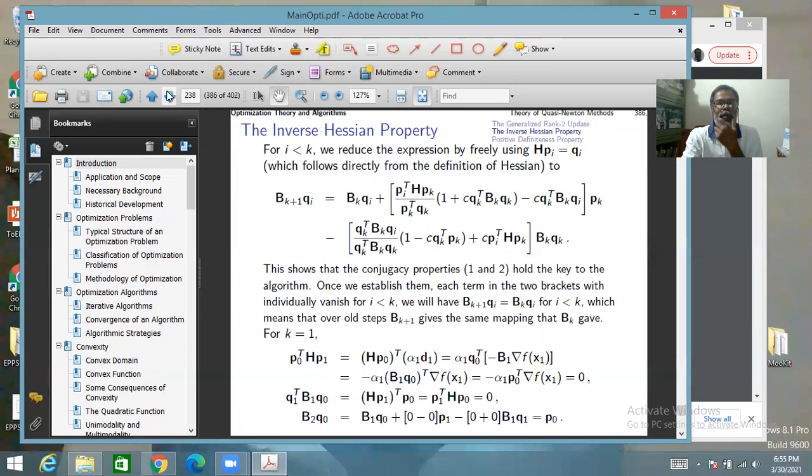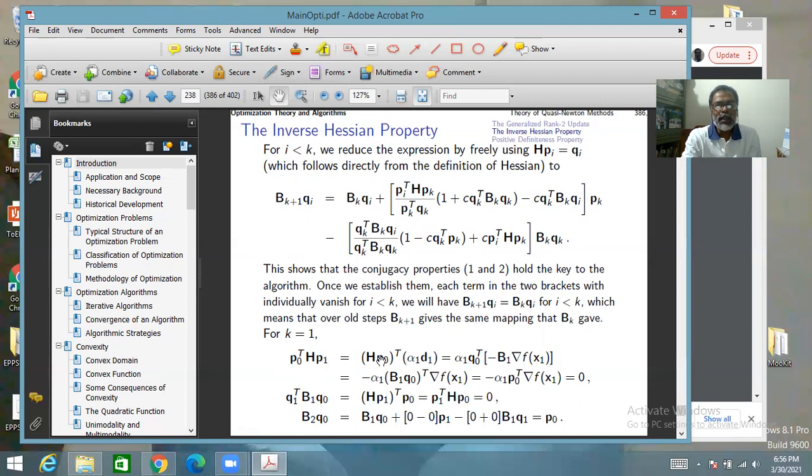So for k equal to 0, we have already covered the thing. Now for k equal to 1, the conjugacy property. For k equal to 1, only one i is possible, that is 0. So p_0 transpose H p_1. Now put things as you need. This p_0 transpose H is symmetric, so that can be put together as (H p_0) whole transpose.